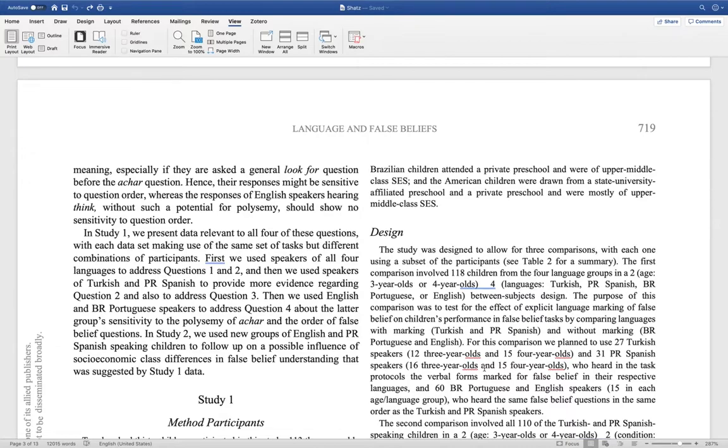That's an important question. Are your thoughts in mind, your abilities as a young child being constructed by the languages you use? So in general, if that were the case, we're going to expect Puerto Rican Spanish speakers and Turkish speakers to simply be better at these false belief tasks no matter how the questions are worded.